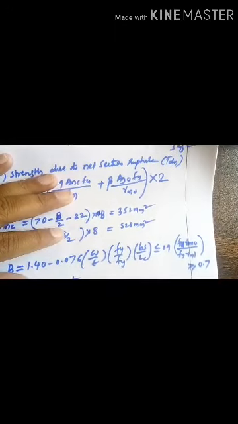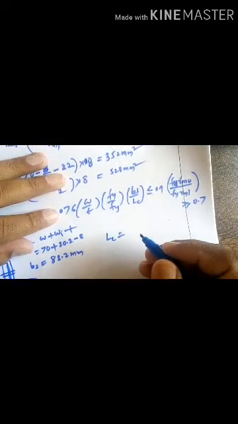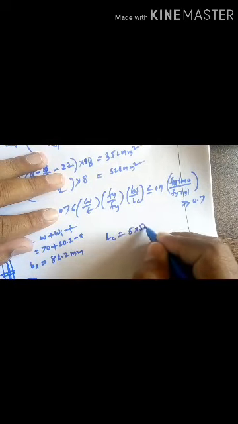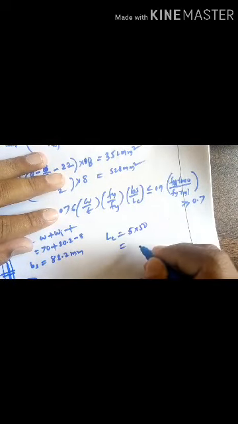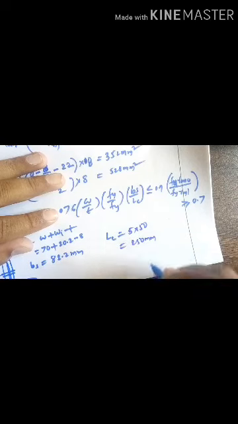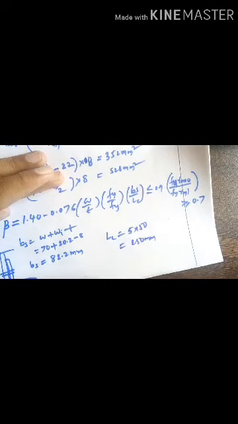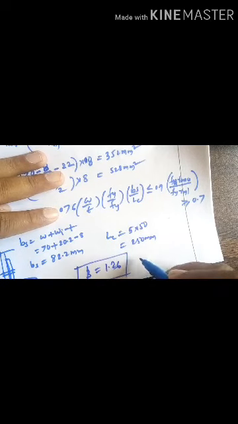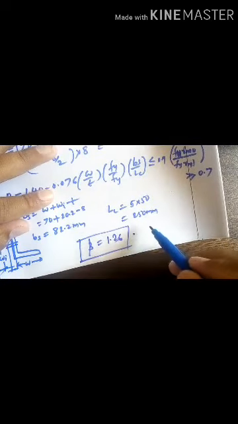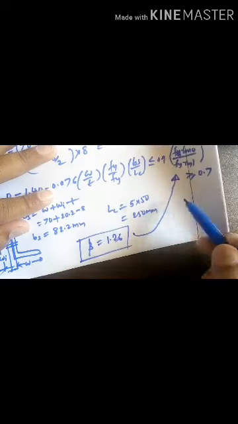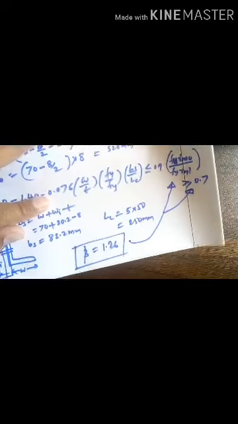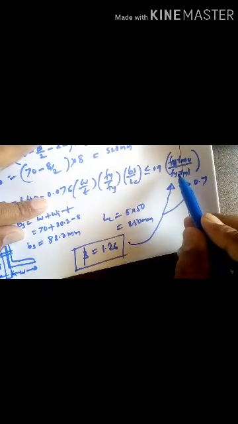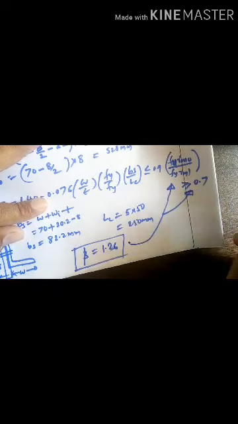So Lc will be 5 into 50, you get 250 mm. When you substitute all values, you will get beta as 1.26. Just compare this beta value with these limits: it should be less than this one and greater than 0.7.